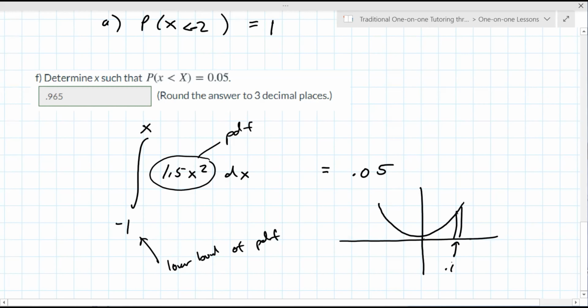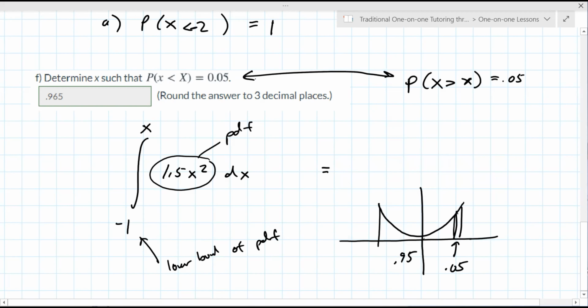They want this area to be 0.05, so the other area is 0.95. Sorry, let me back up. This is not correct. Really it's big X greater than little x. I don't know why they do it this way in this book. Big X greater than little x is 0.05. This is the same as this. They're saying the right tail, which is what this is.